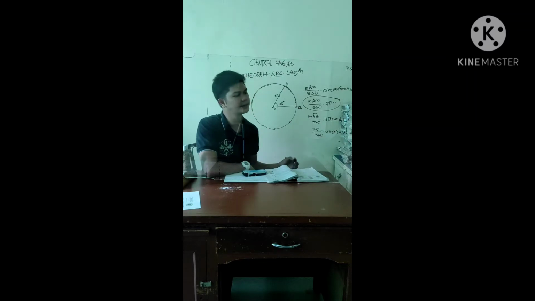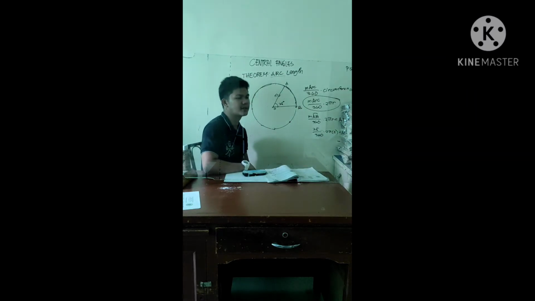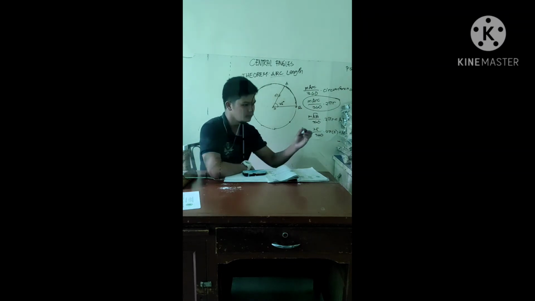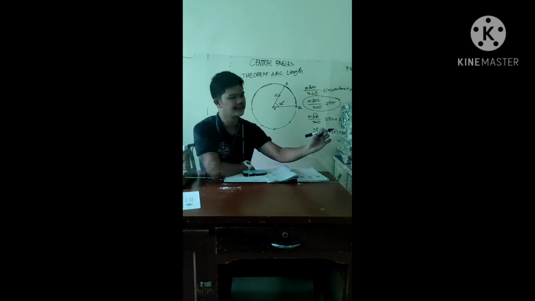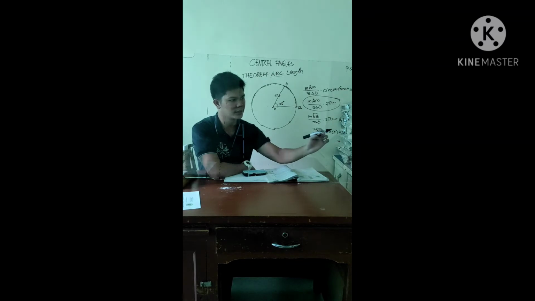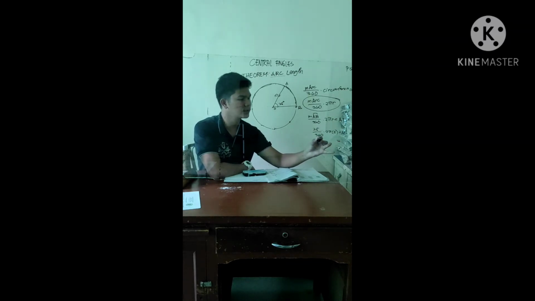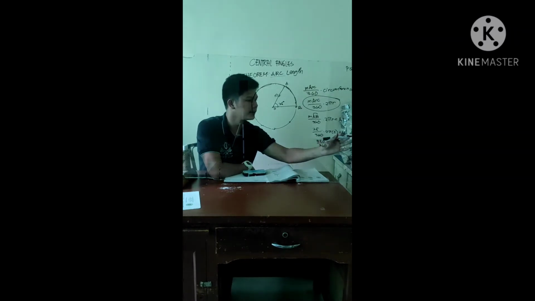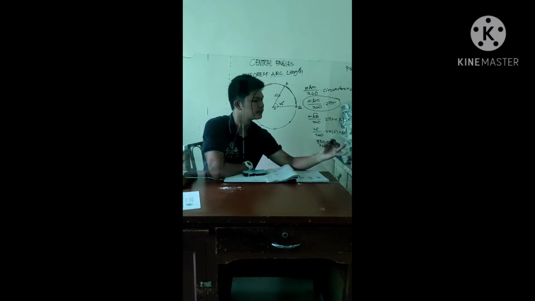So, 35 divided by 360 times 2 pi r. So, 2 times 5, we have 10. Okay? 2 times 5, that is 10. Multiplied by 35, that is 350. Divided by 360 pi. Okay?